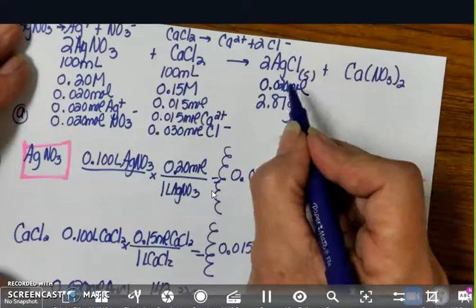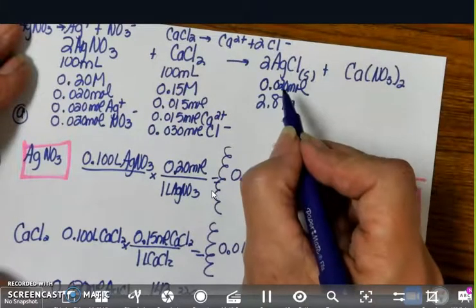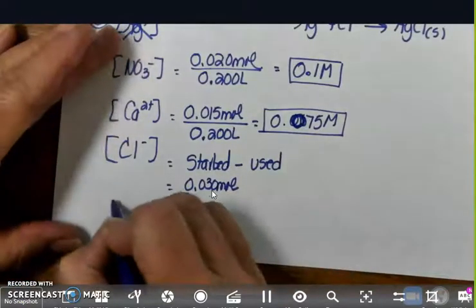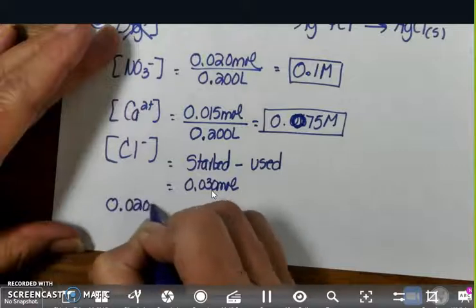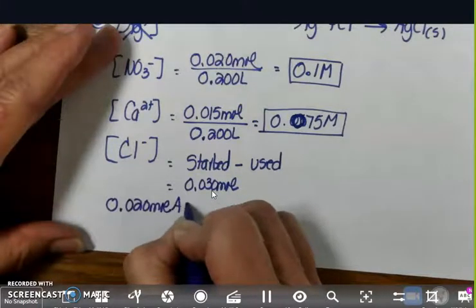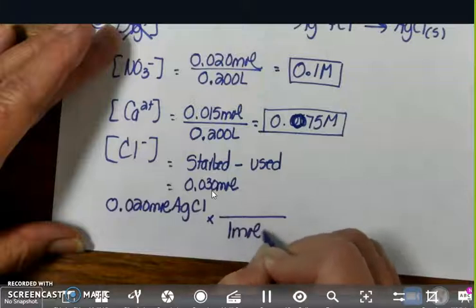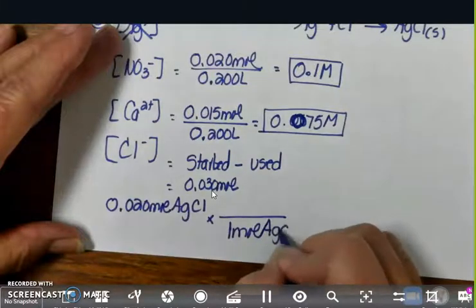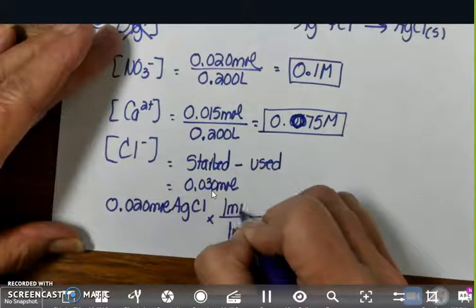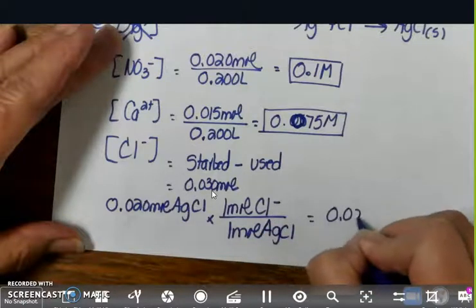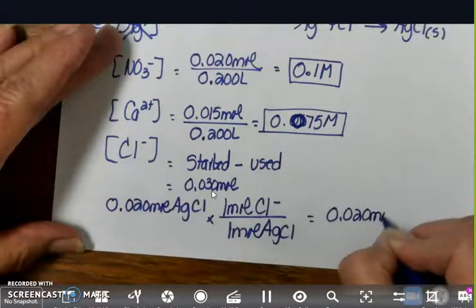Let's go from this to Cl minus. How much Cl minus is in here? Simple conversion, because that's where it is. So I'm going to take 0.020 mole silver chloride, and for every 1 mole of silver chloride, I have 1 mole of Cl minus. That's 0.020 mole.